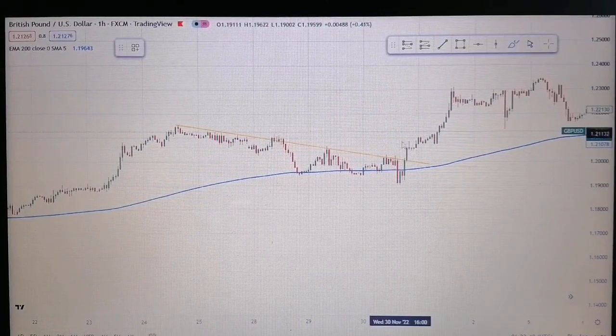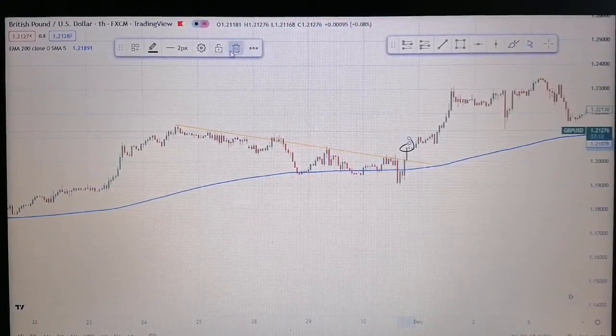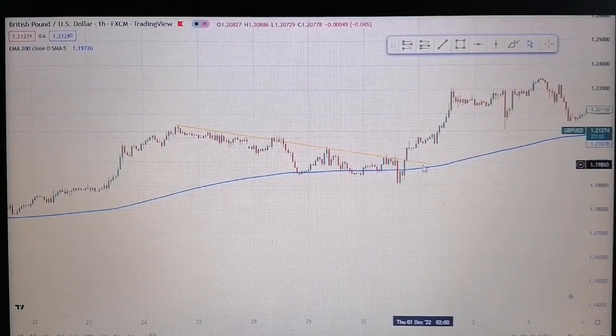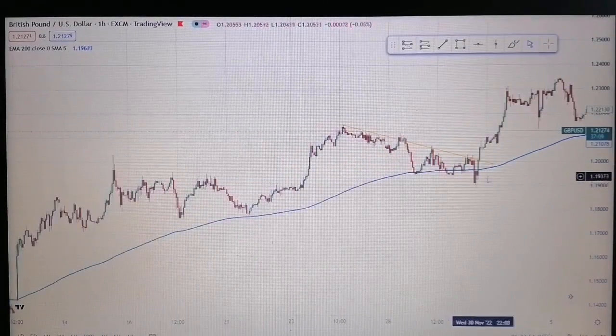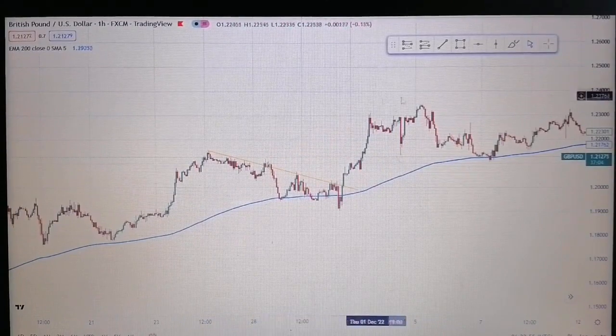And once price closes above the trend line you have drawn, that is where you can take a trade.